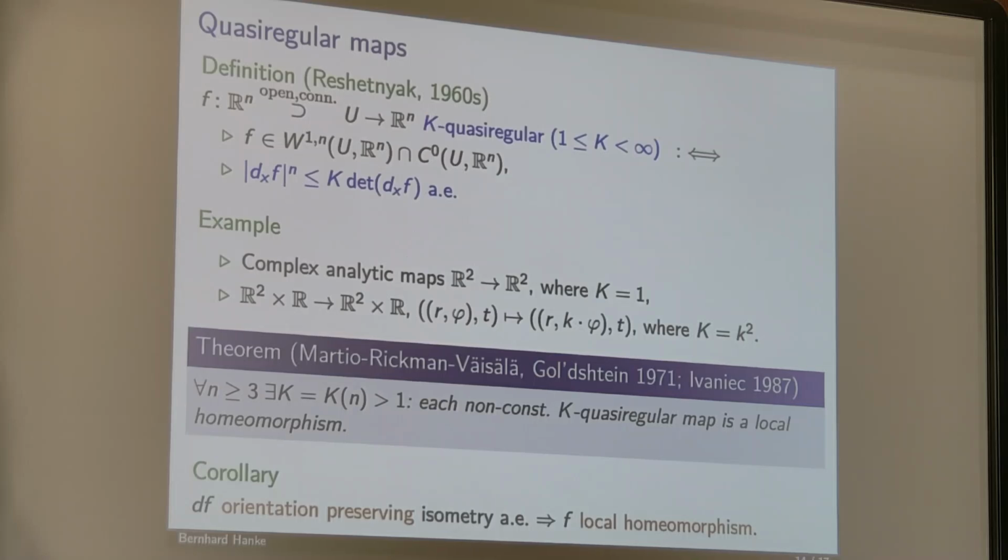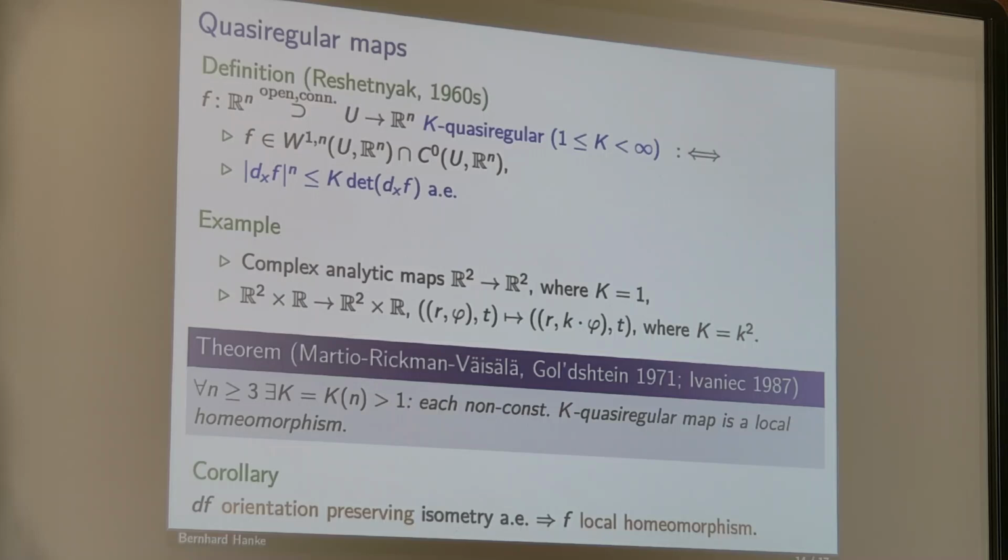The z-axis consists of branch points, but now this contrasts to this interesting, really remarkable theorem in the theory, and probably people here in the audience know it much better than I do, so I was really glad to have it here. So in all dimensions at least 3, there is a conformality factor k larger than 1, which serves as a threshold.